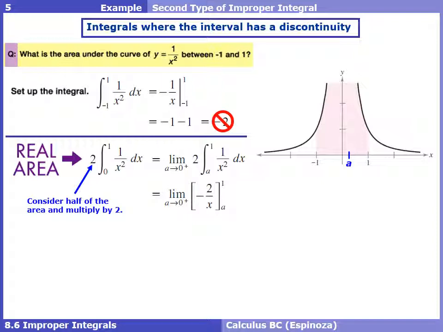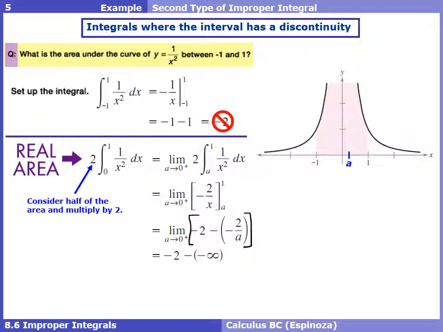We can apply the fundamental theorem of calculus now: plug in the top bound, so that'll be negative 2, plug in the bottom bound, so that'll be negative 2 over a, and then we subtract those two values. To help this a little bit more, I'm going to put all of that in brackets, because now we need to take the limit as a approaches 0 from the right side. So what's that going to look like?